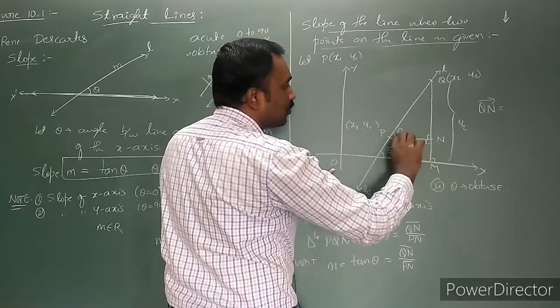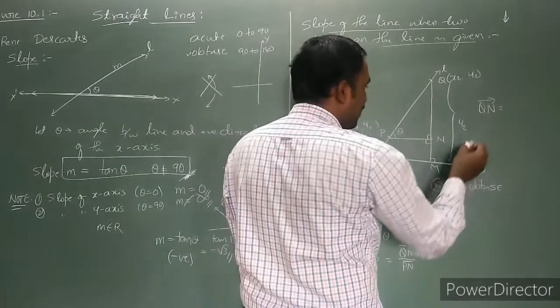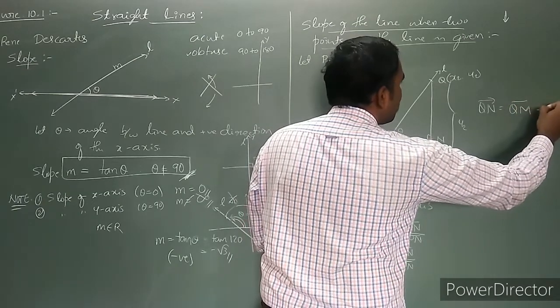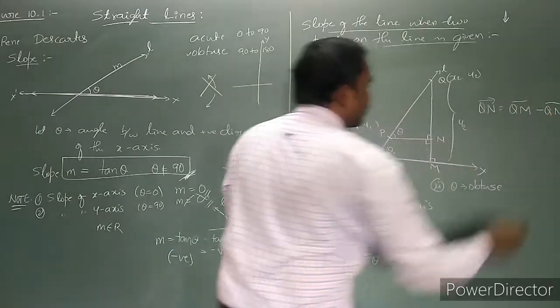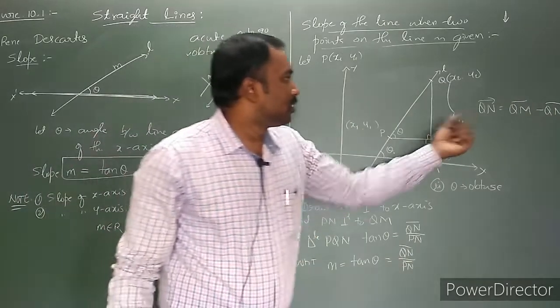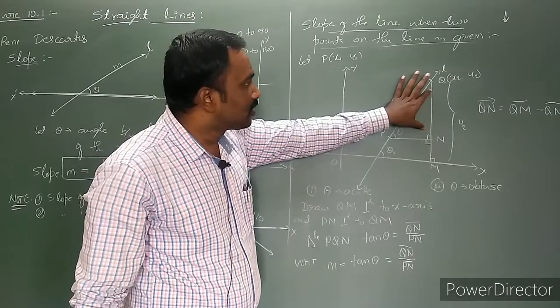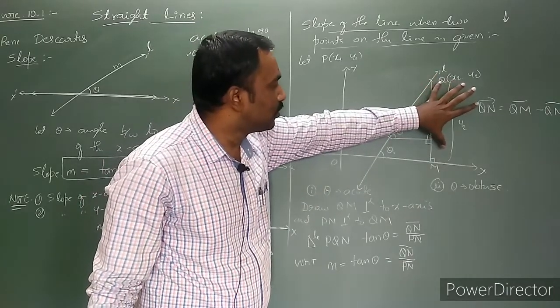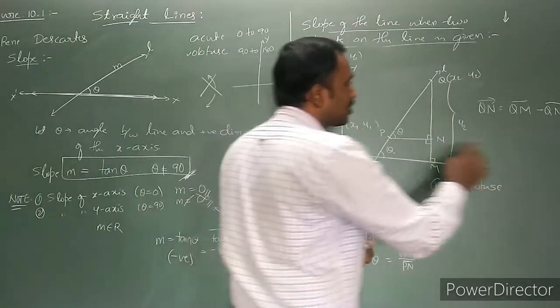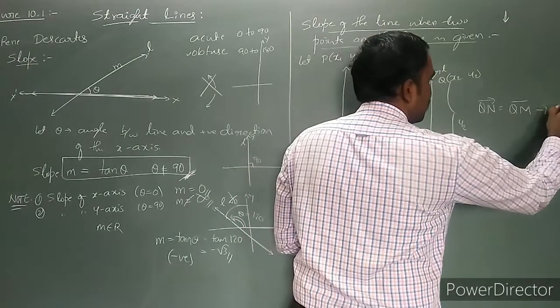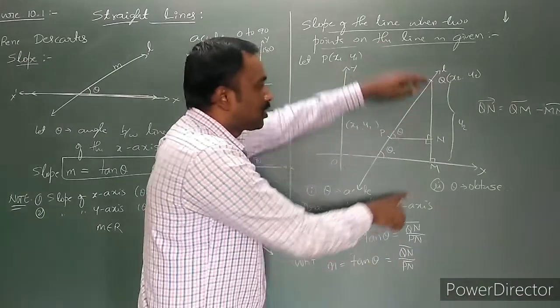And so here, what about the next thing? QN can I write as QM minus QN. QN is required, so I just write the whole distance minus MN.